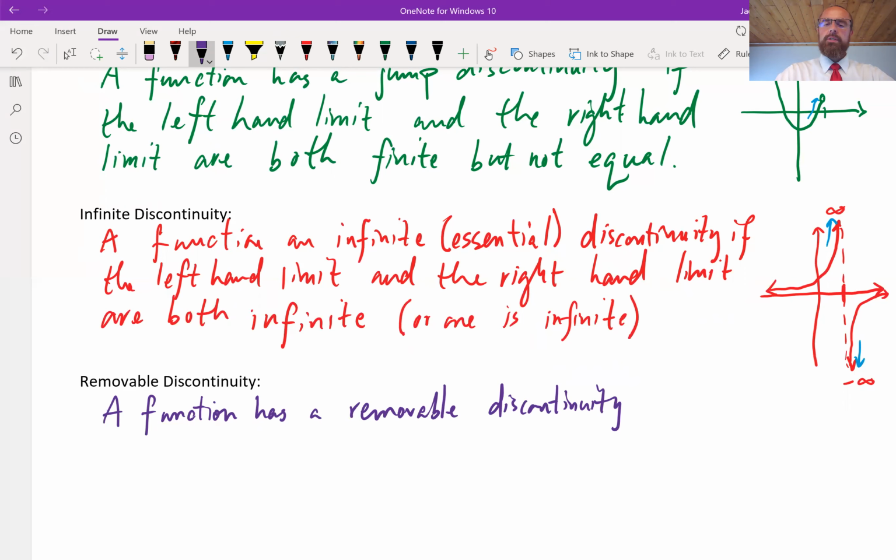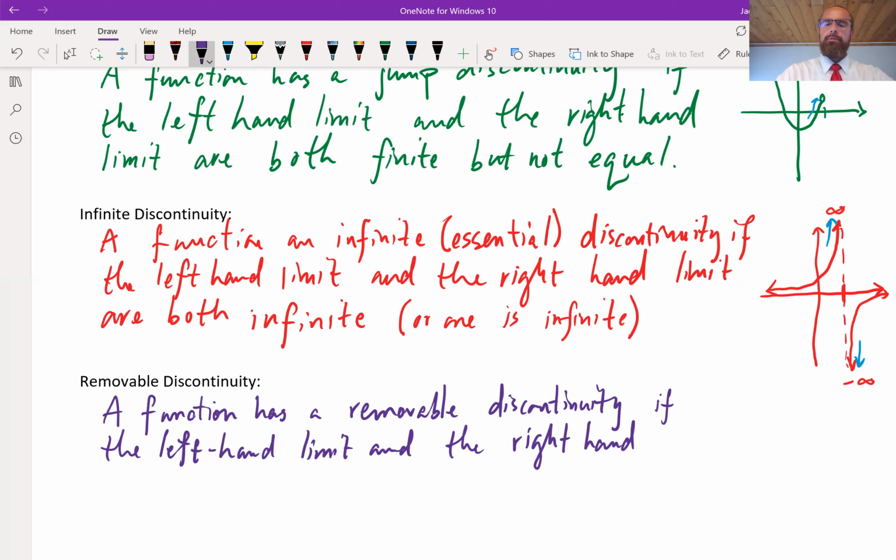So it has a removable discontinuity if the left-hand limit and the right-hand limit are both finite.